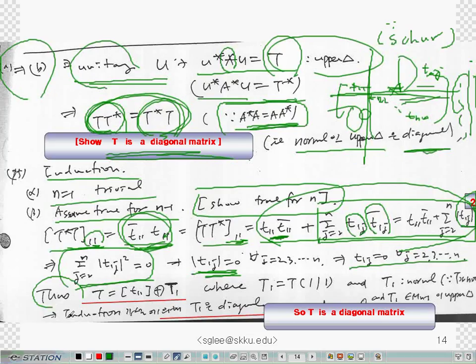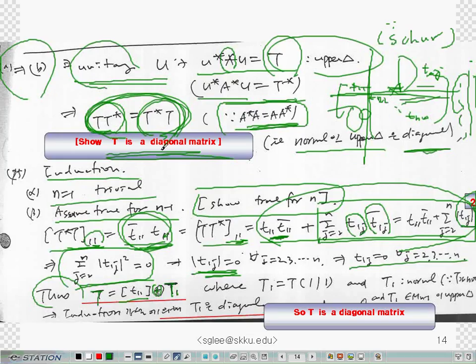Then we can let T be T_{11} direct sum with T_1, which is an n-1 by n-1 matrix. But T star T is equal to T T star, so this T_1 also satisfies this. That's a normal matrix of smaller size n-1.